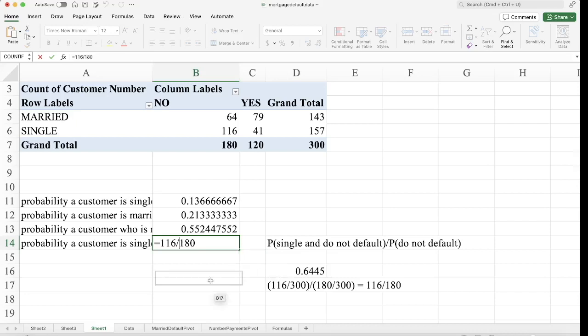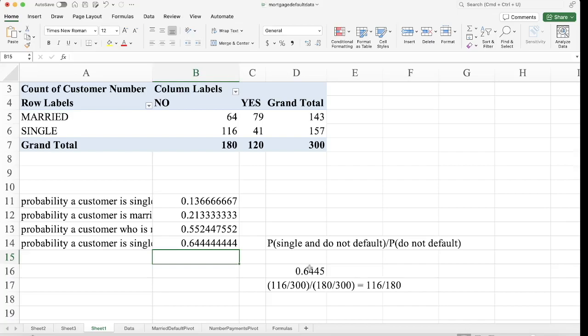That's exactly what we did there. And so this formula is how we can calculate conditional probabilities in general.